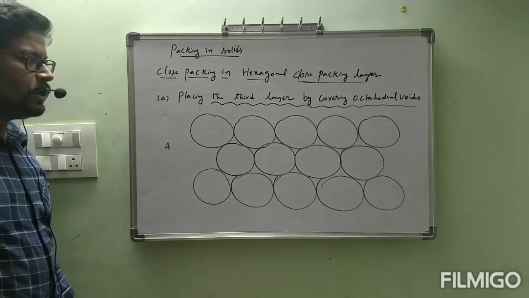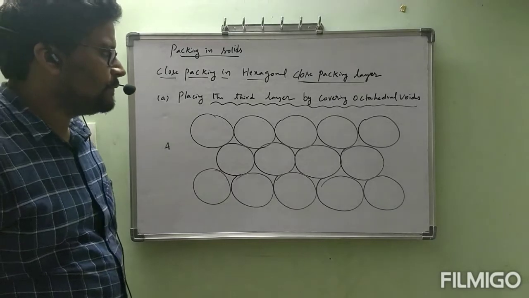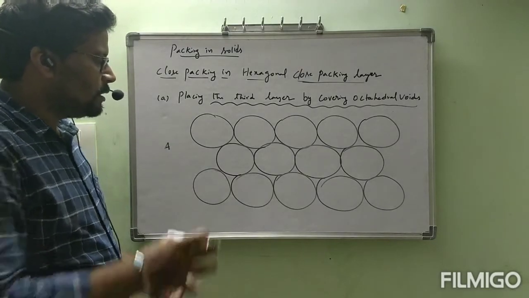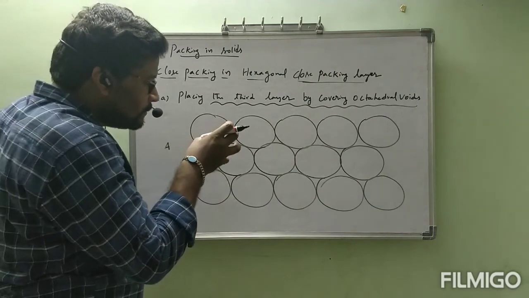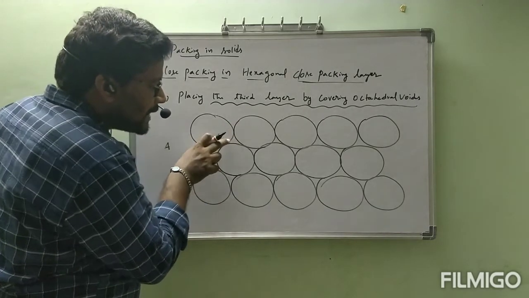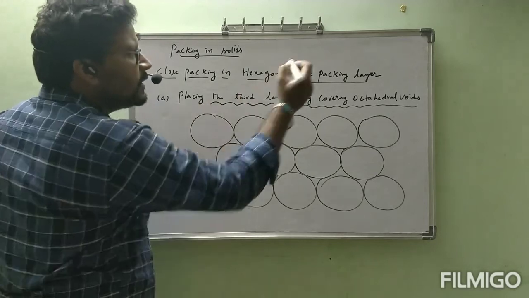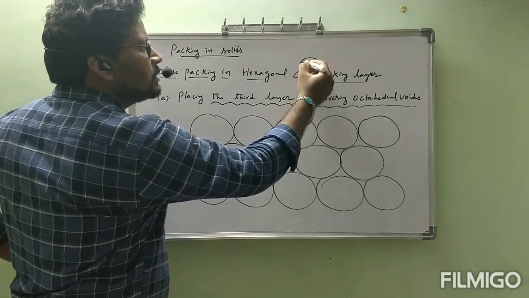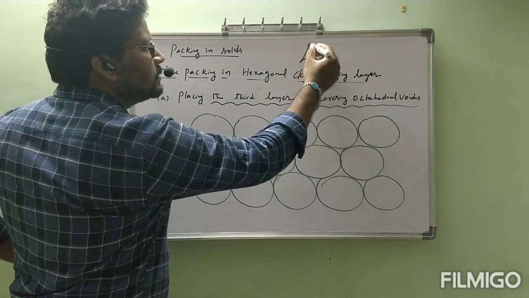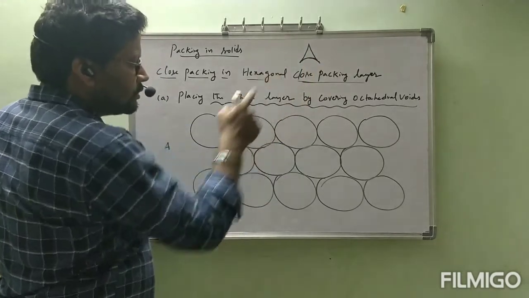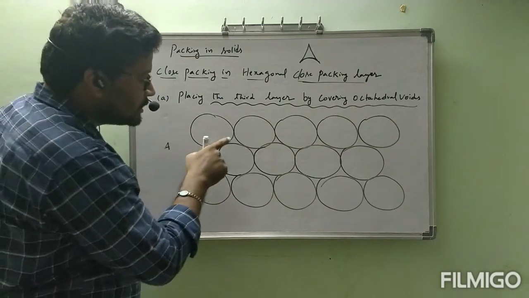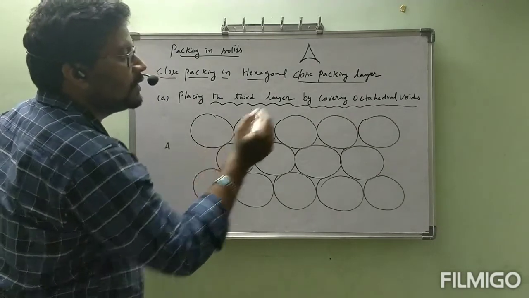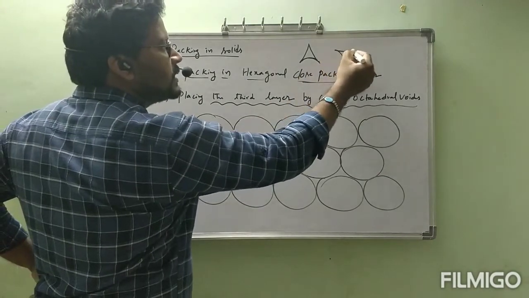Now I am going to keep second layer in a way that second layer particles are going to be into the triangular voids in which vertex pointing upwards. Today I have sent the videos also, ma. Like this, two types of voids are there. This is one type of void, this is another type of void. Like this, two types of voids are there.